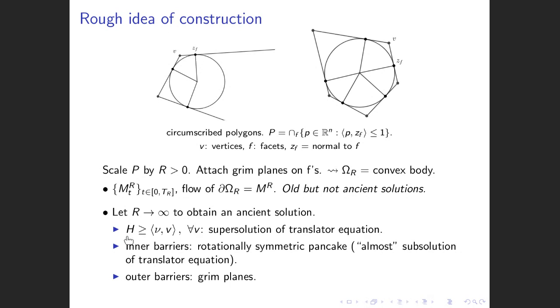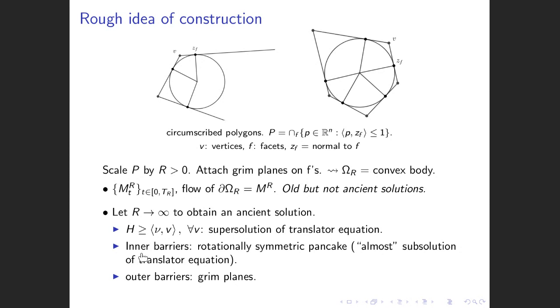They do satisfy that mean curvature is bigger or equal than nu dot v, where v is any vertex. So this means that your solution is a super solution of the translator equation for every vertex, and a maximum principle argument shows that this is preserved.